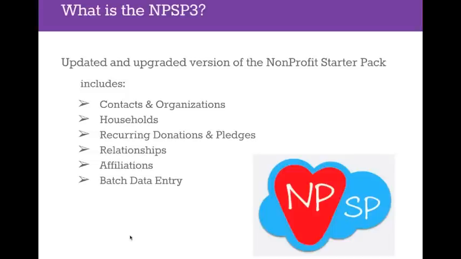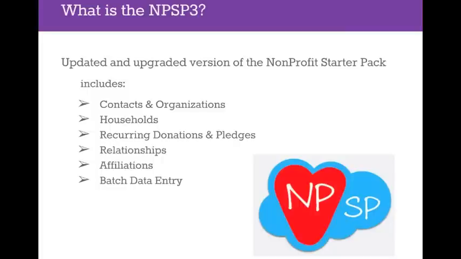Okay, so I think the straightforward answer to what is the Nonprofit Starter Pack 3 is that it's an updated and upgraded version of the Nonprofit Starter Pack. I think most of you on the call today are using the Nonprofit Starter Pack, or at least some of it. It is actually 6 separate applications that all go together into one bundle, and includes the way that you manage contacts and organizations, the way that you manage households, and how you look after recurring donations or pledges of recurring donations.